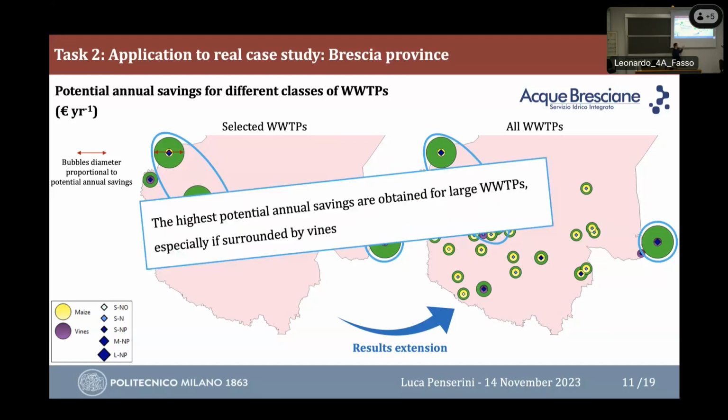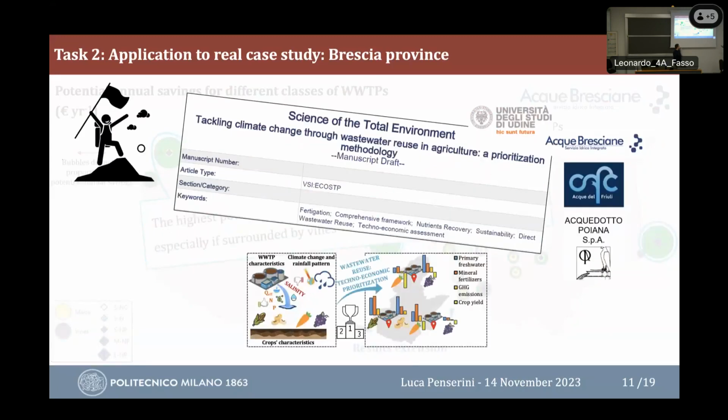The conclusion is that the bigger the wastewater treatment plant, the higher the potential saving, especially if it's surrounded by vines, in this case. This work has been written and submitted recently, so fingers crossed.